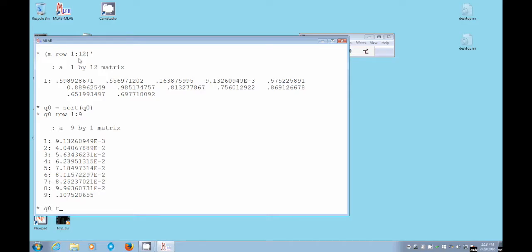So let's look at Q0 row parenthesis. We know that this is 202 numbers, I believe. So we'll just say 194 through the number of rows of Q0, which is just 202, right?